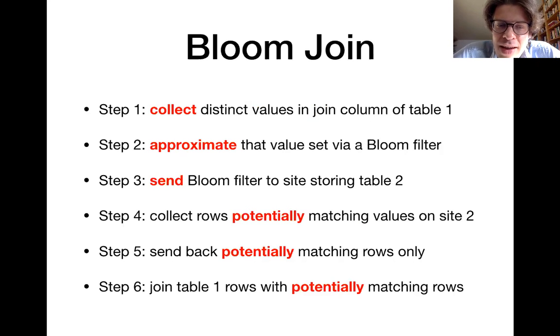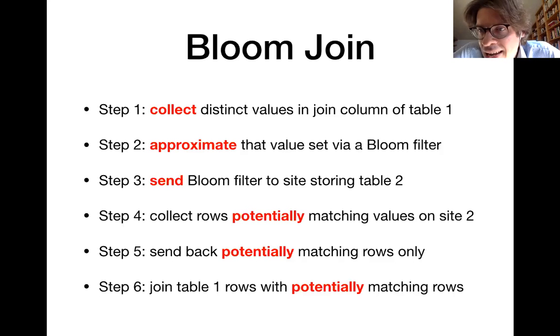And then we collect rows there that potentially match values in the join column. Here we say potentially match because we have only a Bloom filter, so we cannot be sure that specific rows match any rows in the first table. Now we send back those potentially matching rows, and then on the first side, we perform the join.